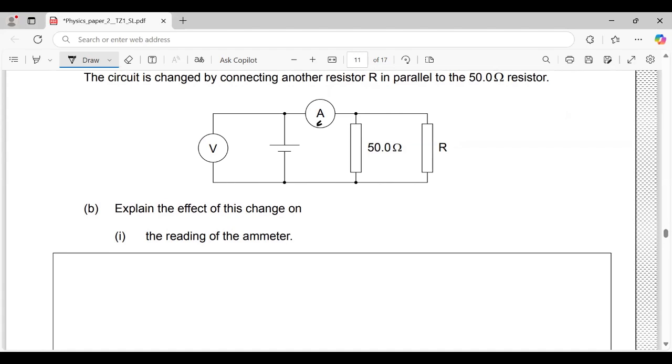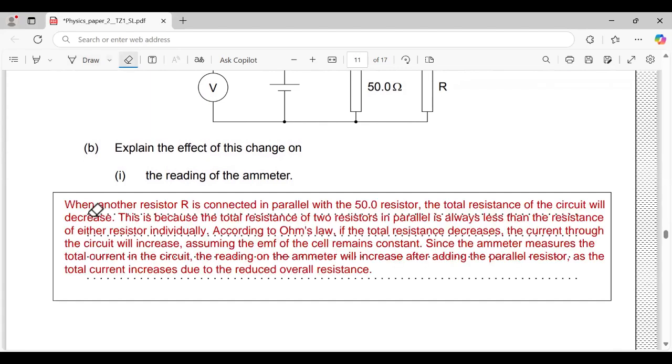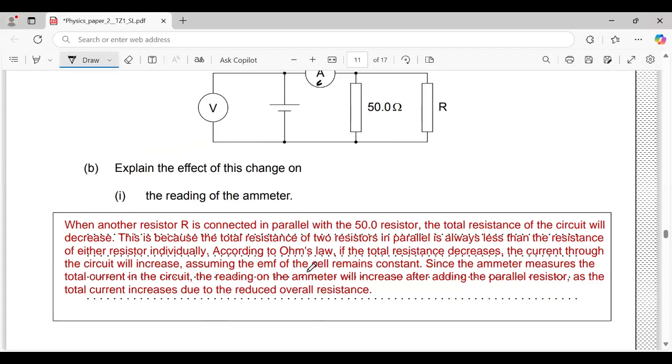I have provided my explanation, my opinion. One, that when another resistor R, the additional resistor, is connected in parallel with the 50 ohms resistor, the total resistance of the circuit will decrease.